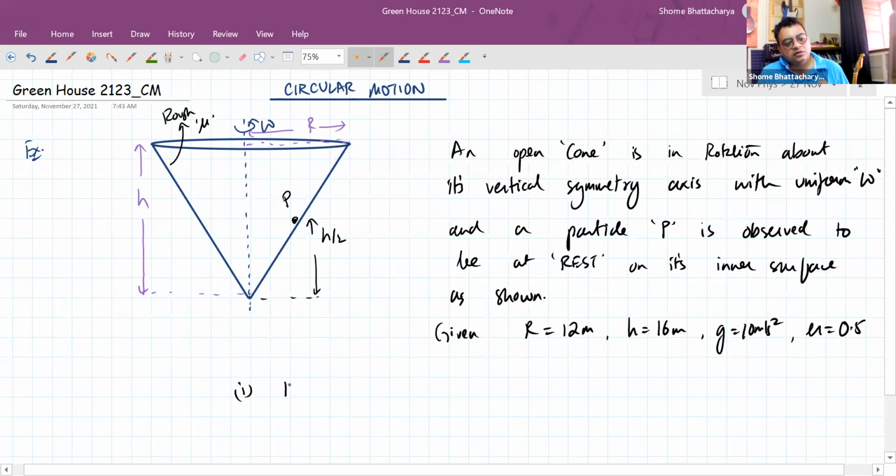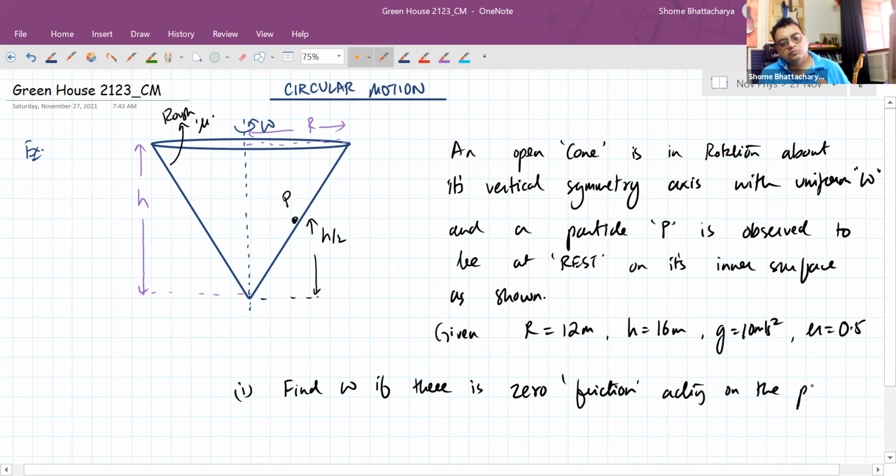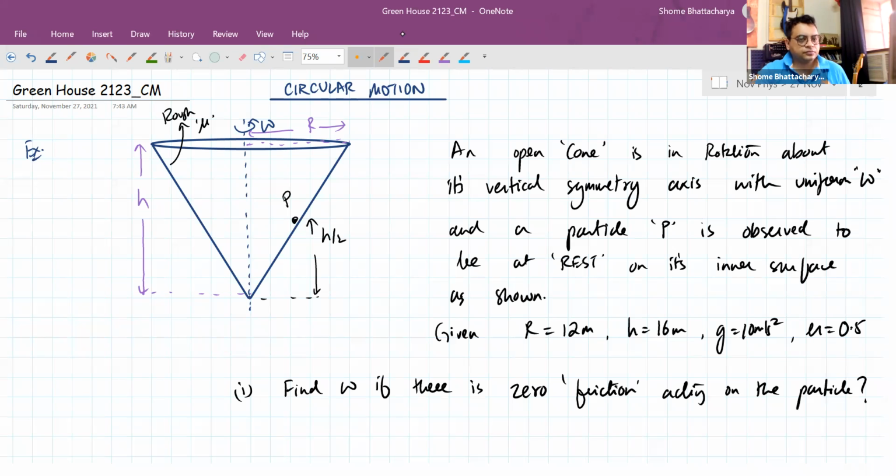So the first part, find omega if there is zero frictional force acting on the particle. So we have to find the angular speed of the cone's rotation, assuming that there is no friction acting on the particle while it is observed to be at rest on the inner surface.